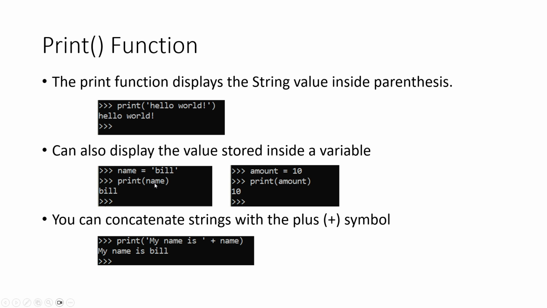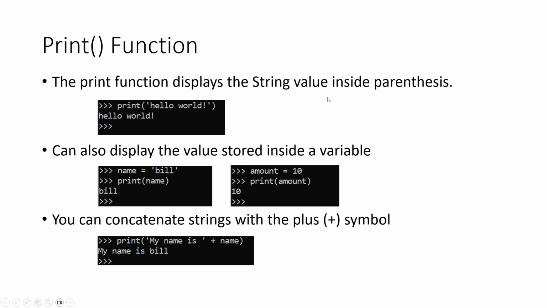Notice name is not in quotation marks. Variables cannot be quoted. If I put that in quotation marks, it will print the string name. I can also do it with integers. I can print a variable stored as 10. This is still an integer, but it's going to print the amount.